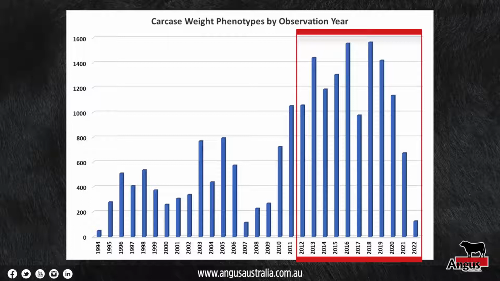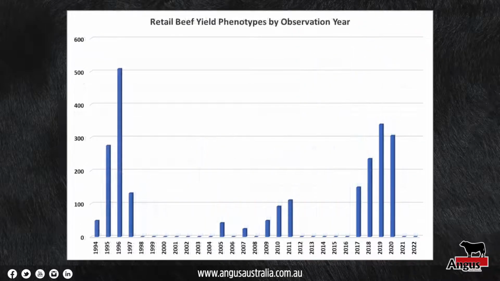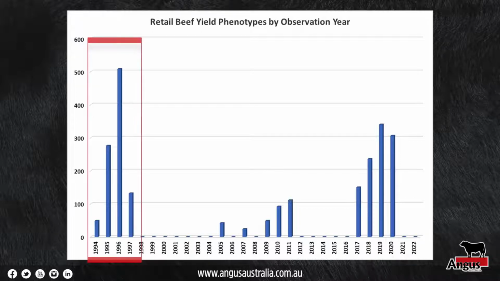And that's even further highlighted with retail beef yield. When we take carcasses in the abattoir and break them down and measure the amount of saleable meat we get out of that dressed carcass compared to waste, you can see that there's some data collected in the Beef CRC in the mid-1990s.